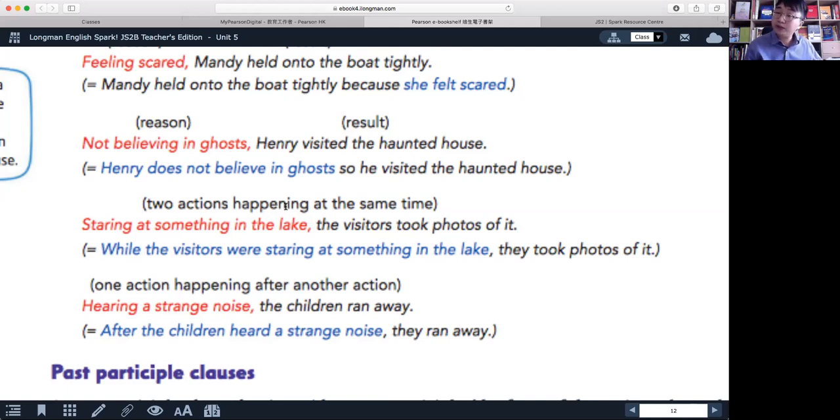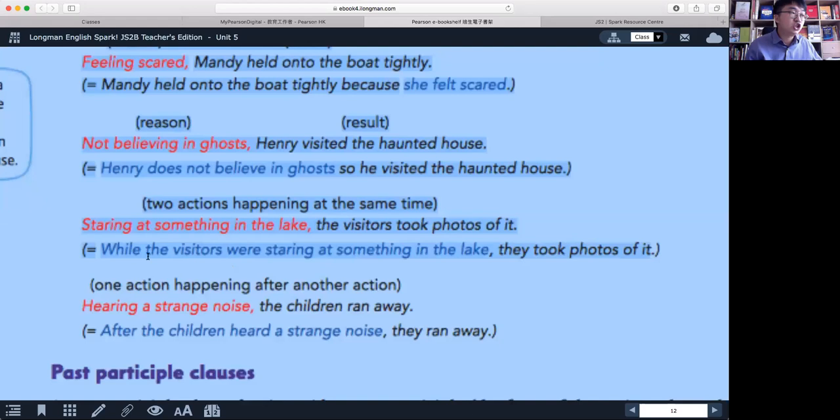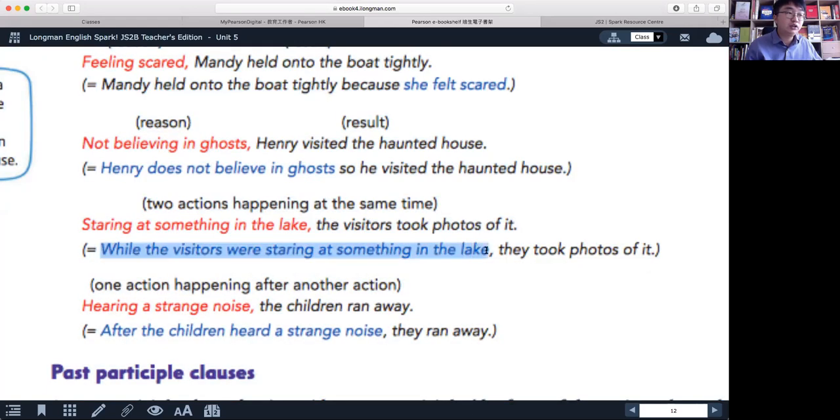We can also use participle clause to describe two actions happening at the same time. So how do we use it? Just like what we did in the two examples above, we change one of the actions, maybe the first action. We have two actions happening together simultaneously, right? We change it to a participle clause.